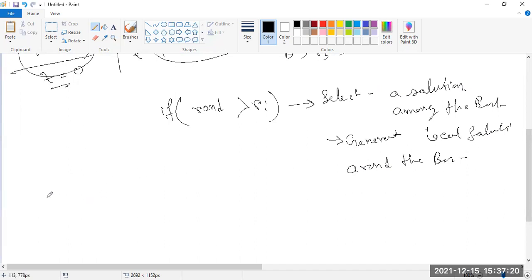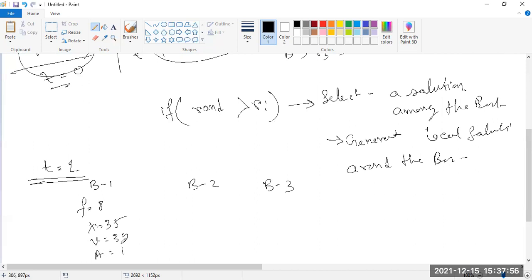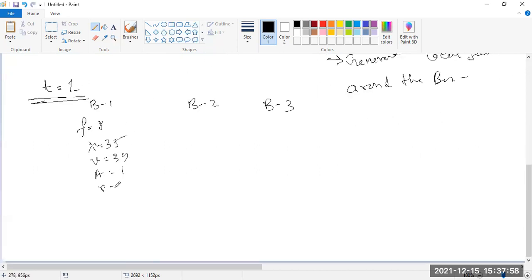If you examine this, after the first iteration, that is bat 1, bat 2, bat 3: till now r and a are not changed, but up to this, yes, the random value is greater than this, so between these you have to select any one. For bat 1, f is 8, x is 35, v is 39, a is 1, and r is 0.